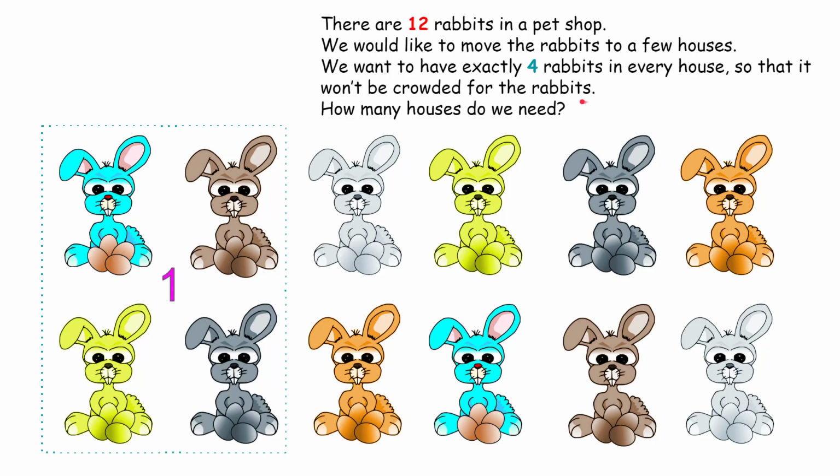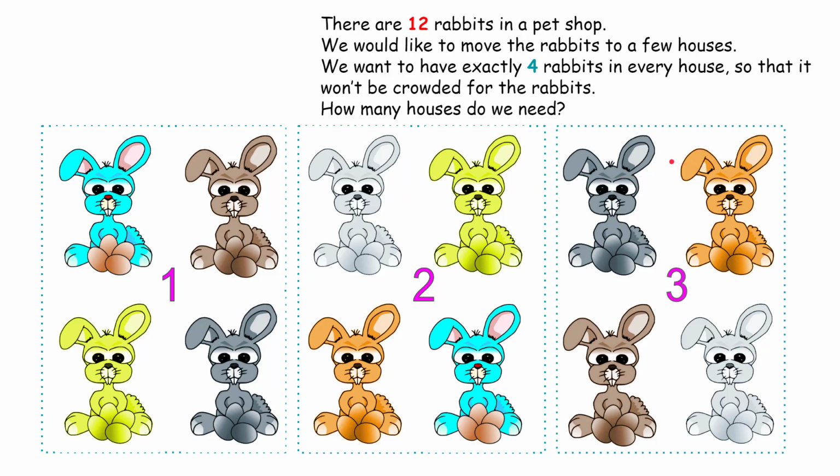Let's split the rabbits into groups of 4 because we're going to have 4 rabbits in each house. So these are group number 1, house number 1, this is house number 2, and this is house number 3. So 12 divided by 4, because we're going to have 4 in every house, equals 3.